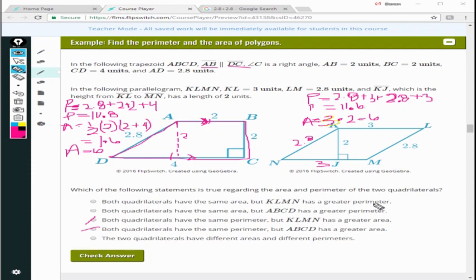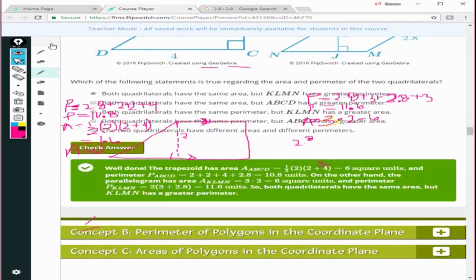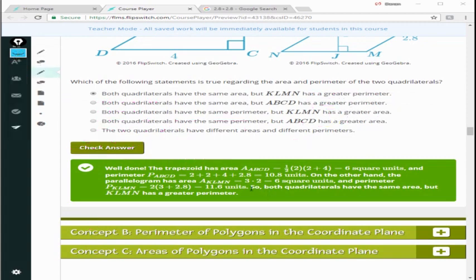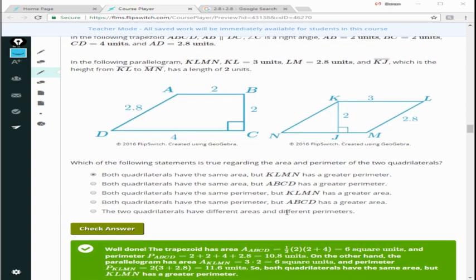Greater KLMN means the parallelogram has a bigger perimeter. Is 11.6 bigger than 10.8? Yes, so that one is going to be the one we click. Well done. Okay. So, there's your example.